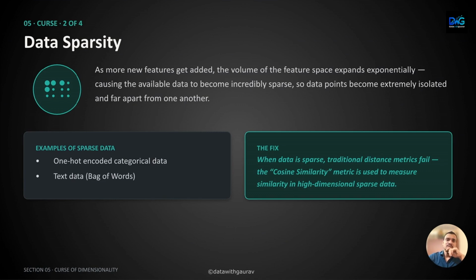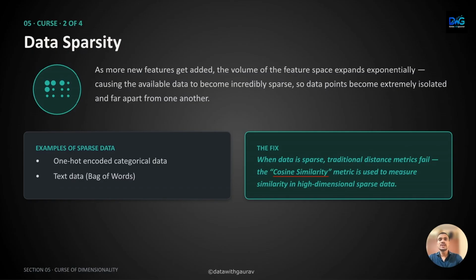When data becomes sparse, traditional distance measures like Euclidean distance become much less informative because almost every pair of observations appears similarly distant. To address this problem, we often use a different similarity measure called cosine similarity.